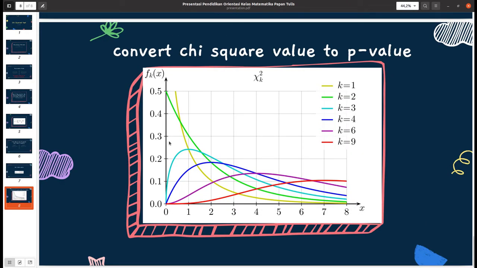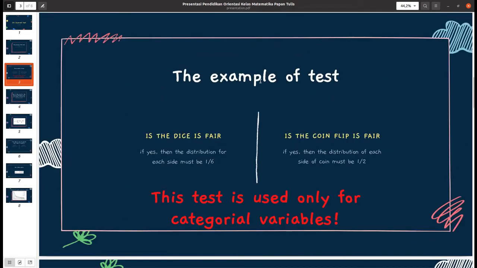And this is for the chi-square. In the chi-square there is something called degree of freedom. For the dice case, because there are 6 data, the degree of freedom is 5, and for the coin, the degree of freedom is only 1.